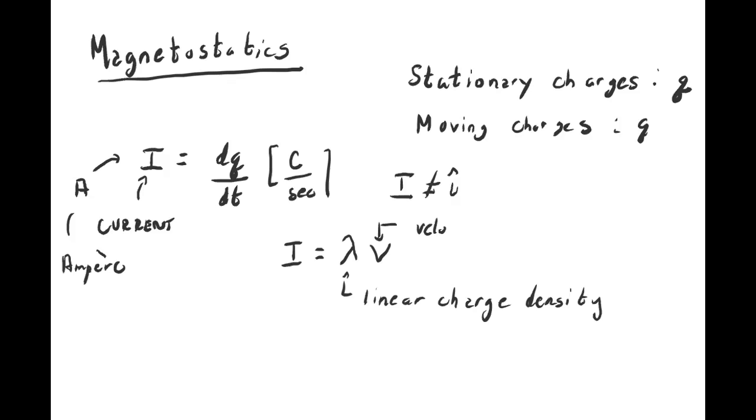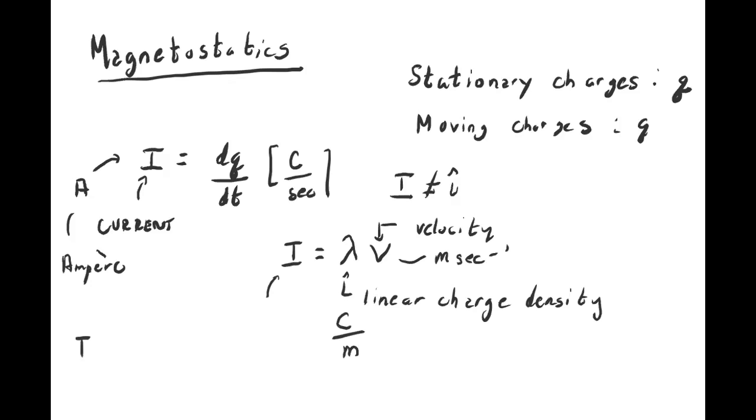And this is easy to see. Linear charge density has units of coulombs per meter. Velocity has units of length over time. So this final creature, again, is going to be an amp. Current is something that has units of how much charge passes a point in space per unit time.